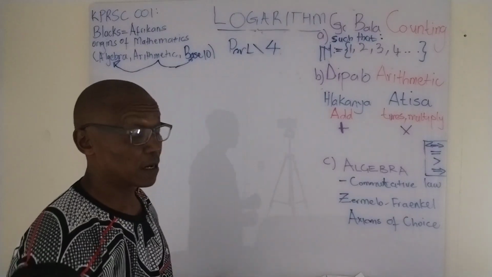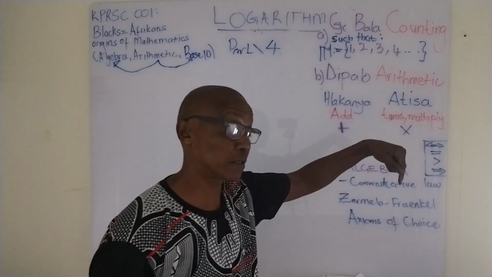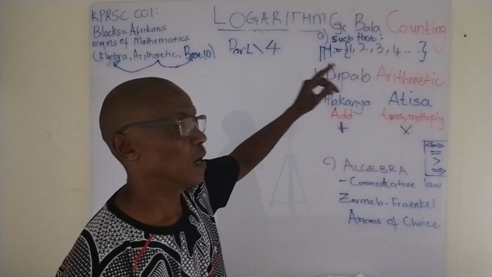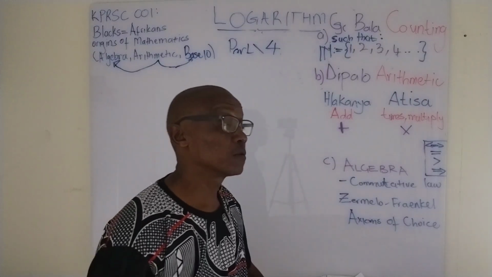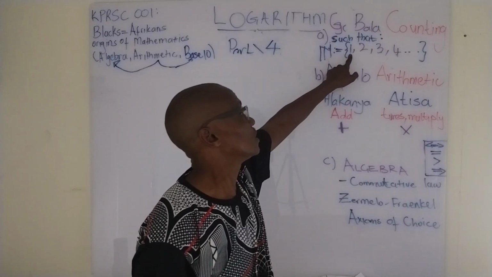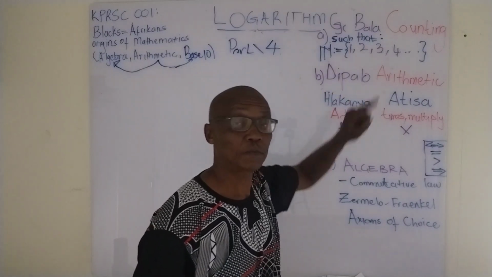Now, I want to go back. Earlier parts on this series of logarithms, I asked, when you teach a child how to count, do you explain to the child how you move from one number to the next?